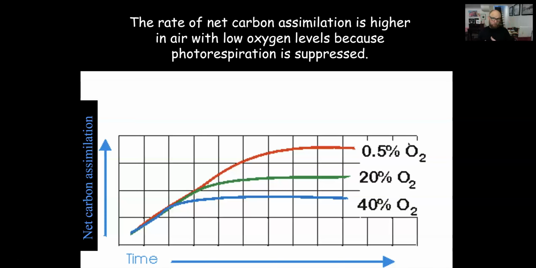It's going to react with CO2 more often because there's just no oxygen around. But if you start putting more and more oxygen into the atmosphere, that oxygen gets into the leaf where Rubisco is, and then Rubisco starts reacting with oxygen more frequently. And that's why photosynthesis goes down, because it's respiring more.